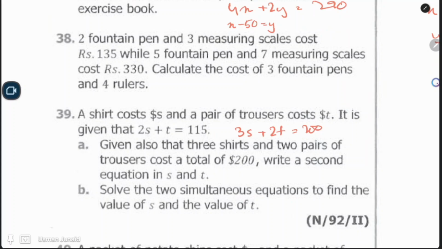And s is equal to 30, and I'm finding t. Okay, s is equal to 30. Exactly. T is equal to 55. T is equal to 55. Makes sense. Good. Okay.